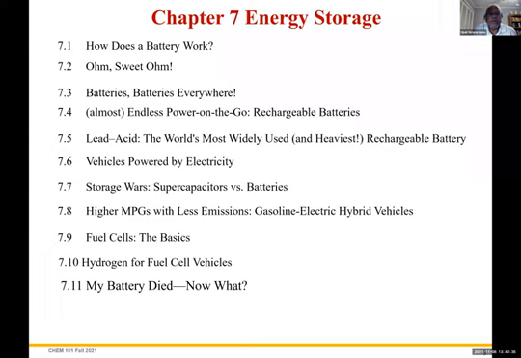Now, storage of electricity is a big deal. One of the ways to store electric charge, which can be used, is capacitors. And there are supercapacitors.